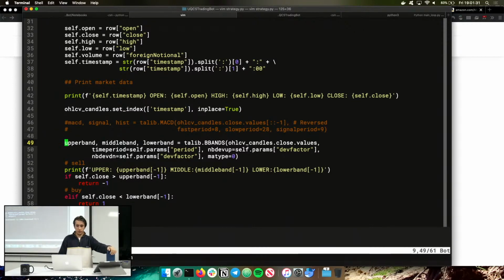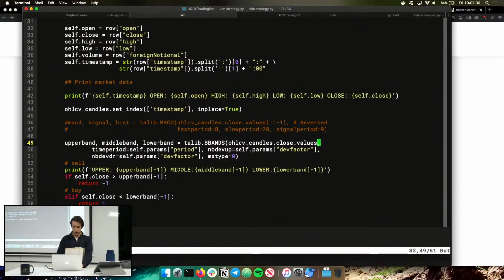But here is where we find the upper band, middle band, and lower band of the Bollinger Bands using the TA library, the technical analysis library. The parameters are set at the top, with the period that we want and the standard deviation factors. So here we are essentially just sending in the values.